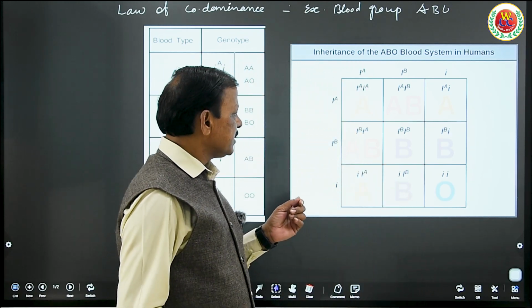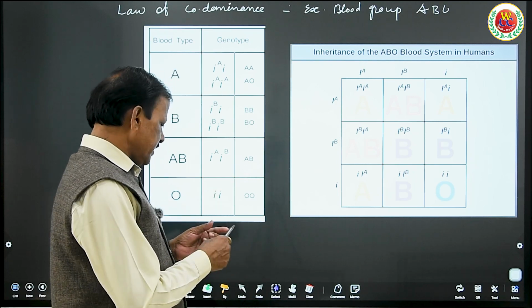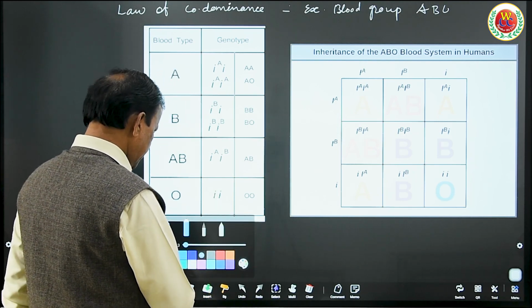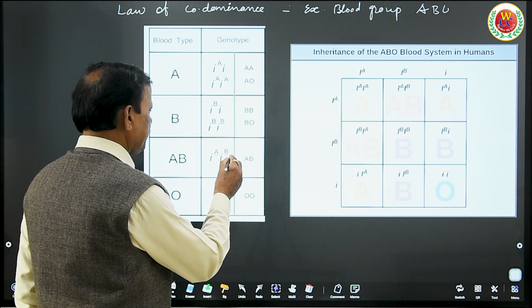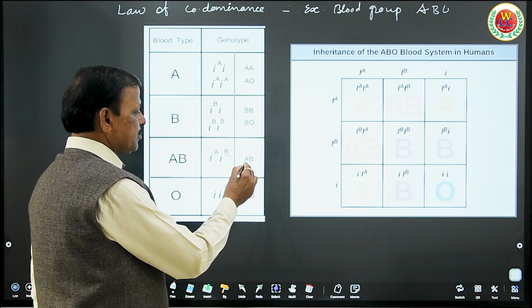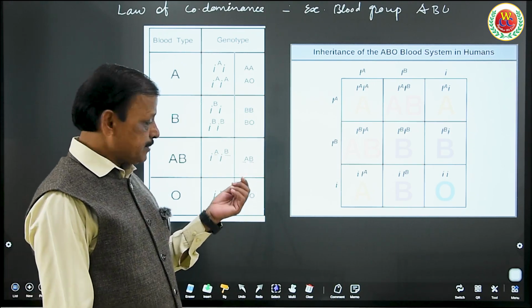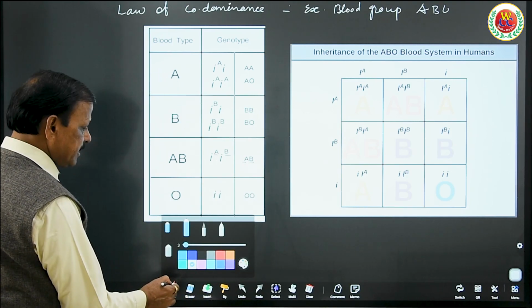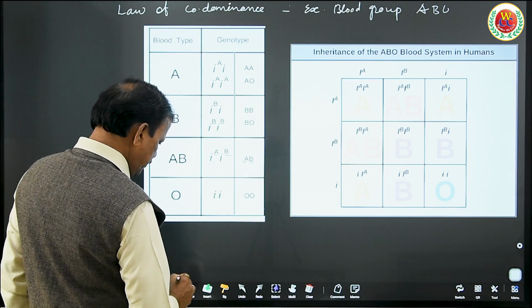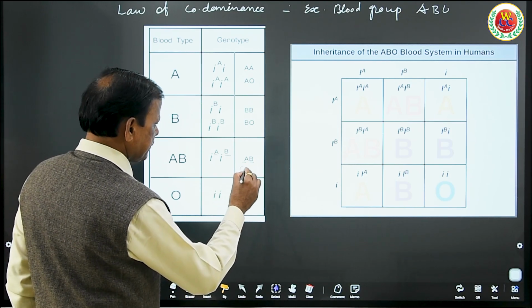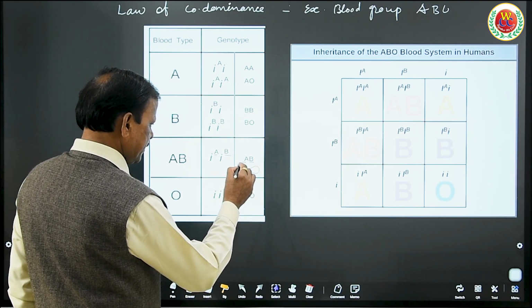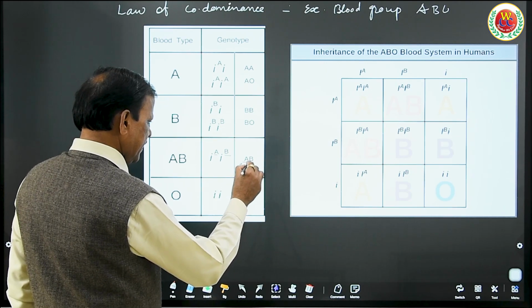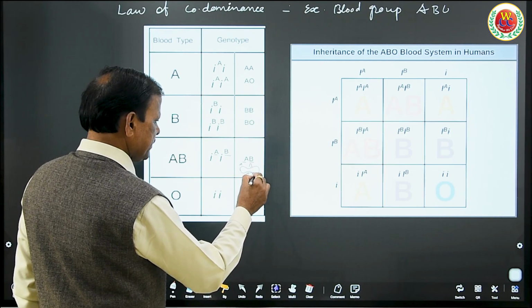In codominance, both the allelic pair of genes, say IA and IB, produce a special protein, a glycoprotein, on RBCs. They produce both the glycoproteins A and B on RBC.